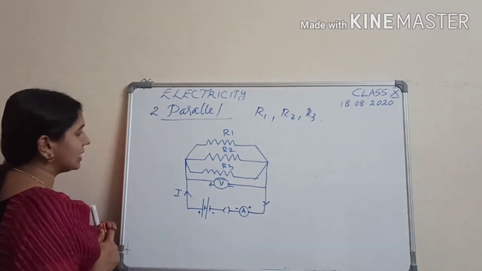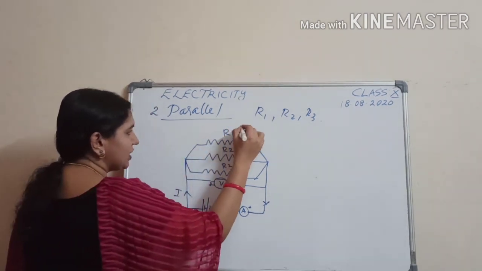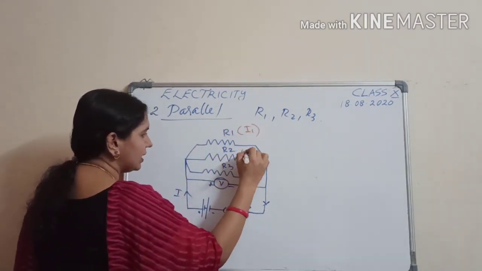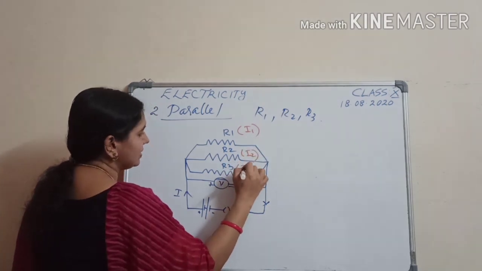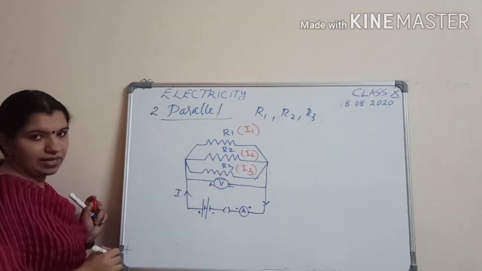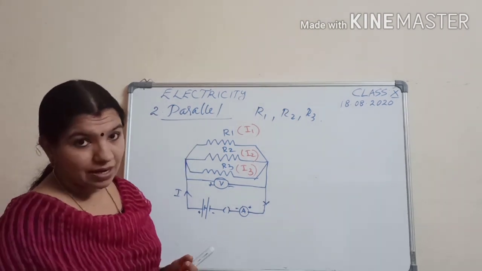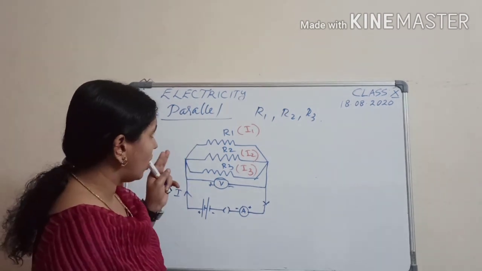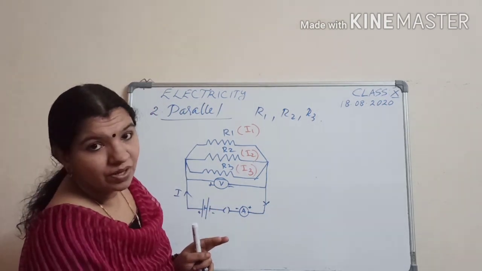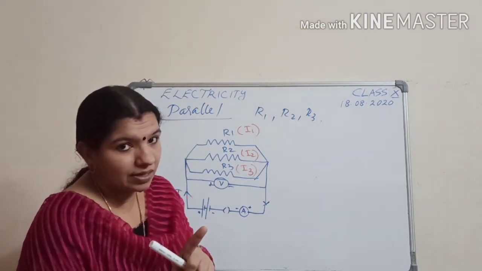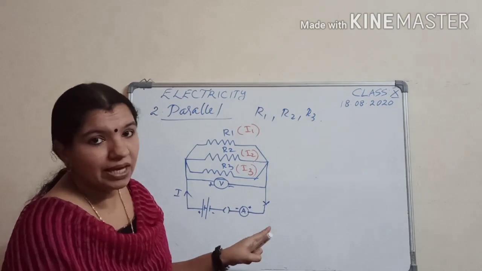Since there are 3 resistors, it will change to I1 here, I2 here, and I3 here. Understand? So, in parallel connection, which quantity will remain the same? Yes, voltage will remain the same, but the current will be different.